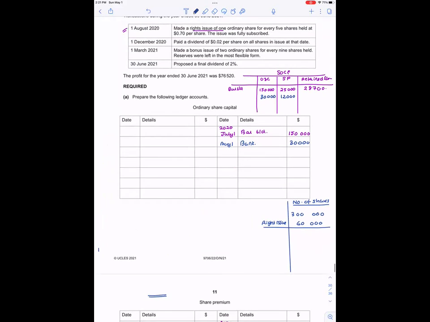On 1st December, I'm going to pay dividend at 0.02 per share. How many shares do I have? 360,000 into 0.02.